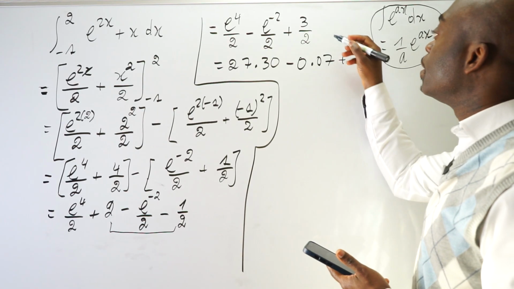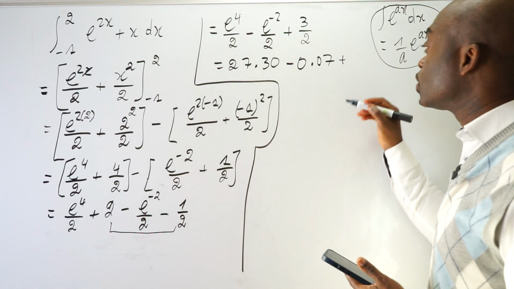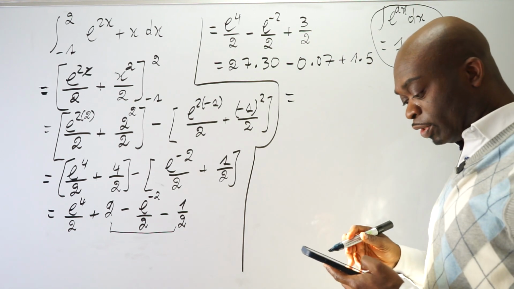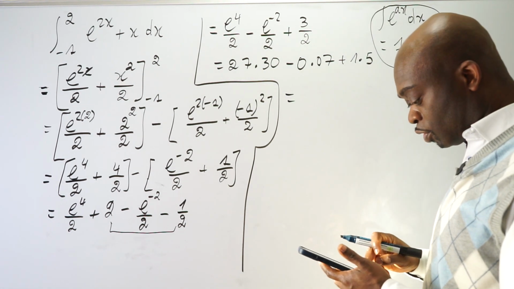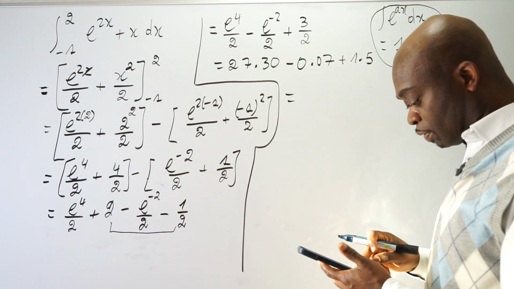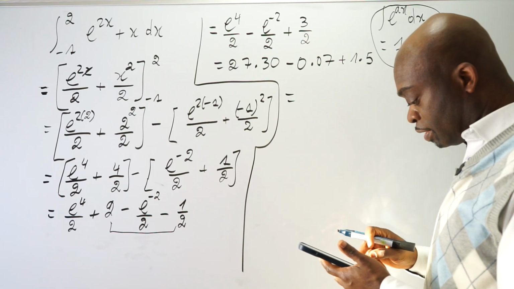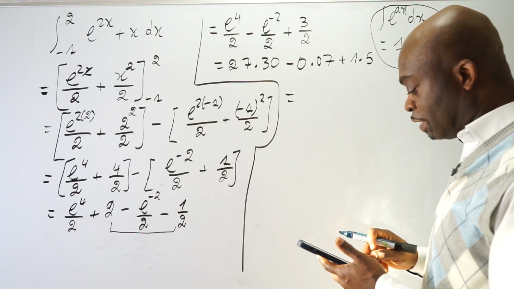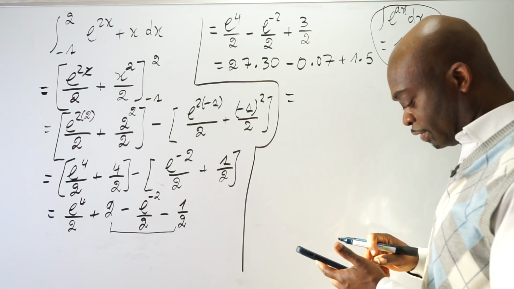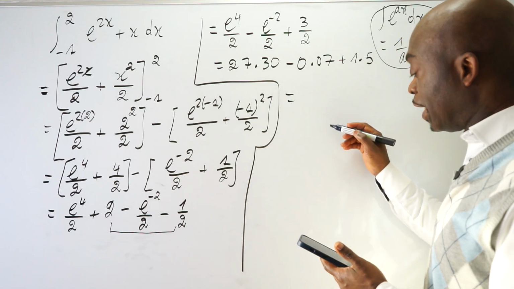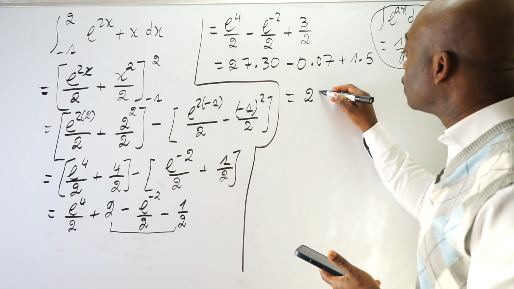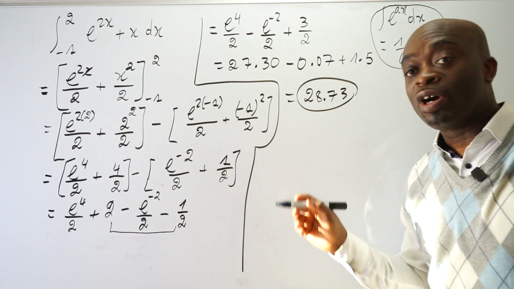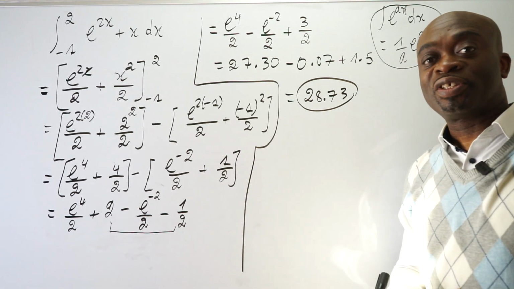And then, of course, 3/2 is 3 divided by 2, which is 1.5. Now we can put all these numbers together: 27.30 minus 0.07, then plus 1.5. So we end up with 28.73. All right, ladies and gentlemen, this is what we get as a number, to 2 decimal places.